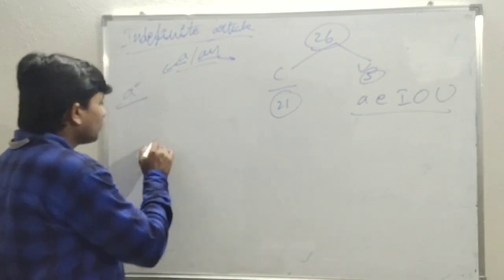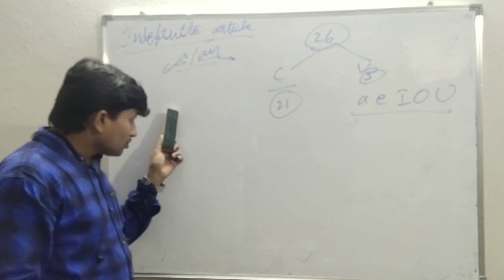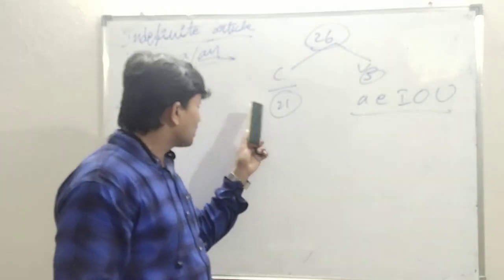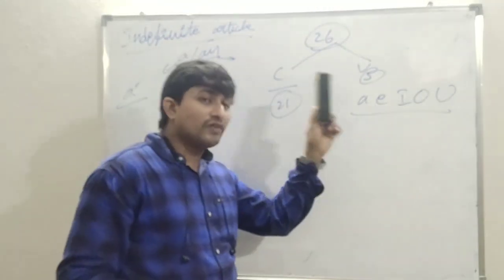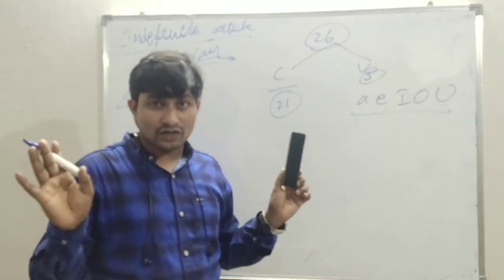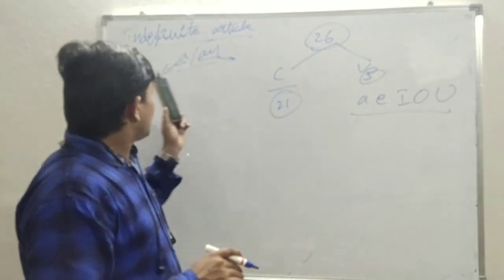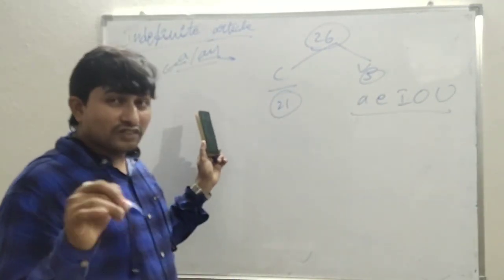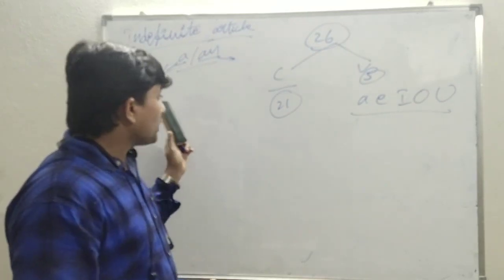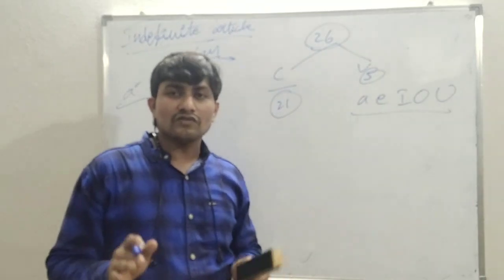In which way did you learn till now? A is used in front of consonants and an is used in front of vowels.